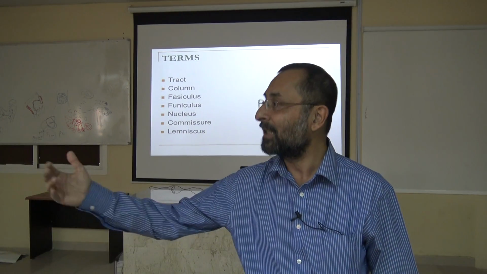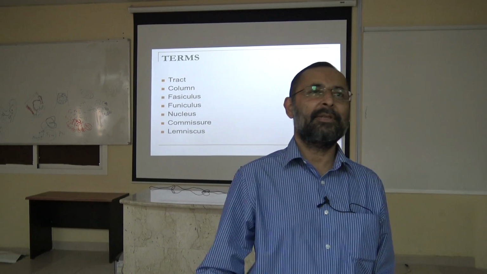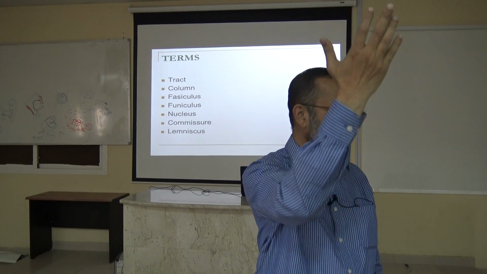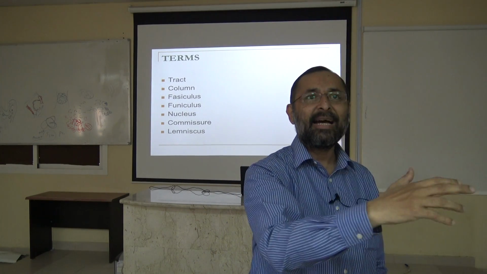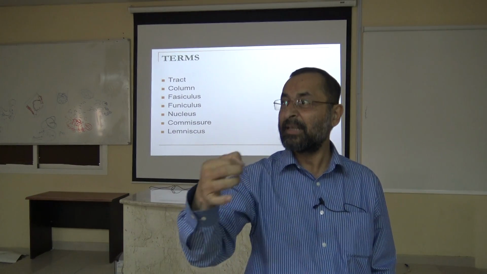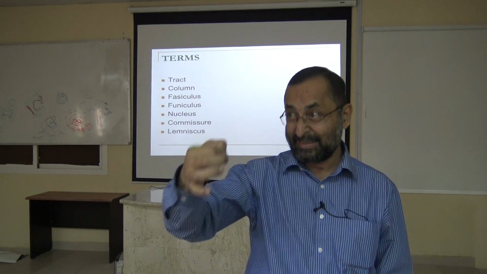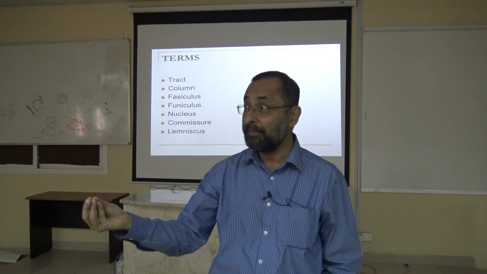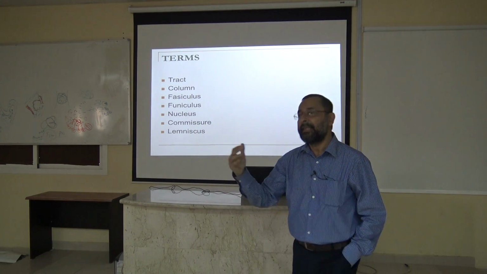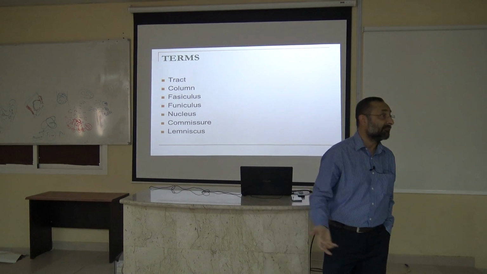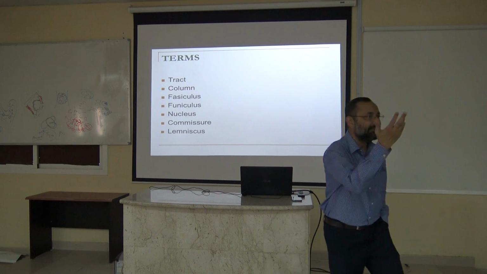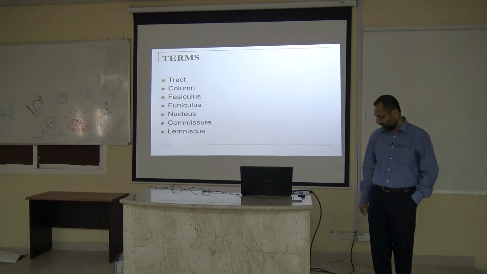These terms you will use again and again. It means you are talking about the journey of the sensory impulses. Lemnisci are the crossed fibers bundle, definite bundles which are traveling. They are distinct, they have been given special names, and we use them. And they definitely have some functions. They carry some sort of sensations or a group of sensations.